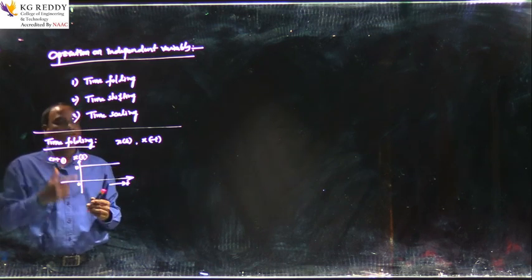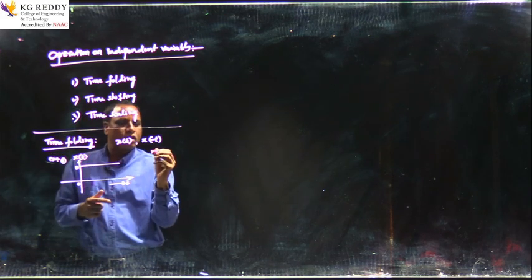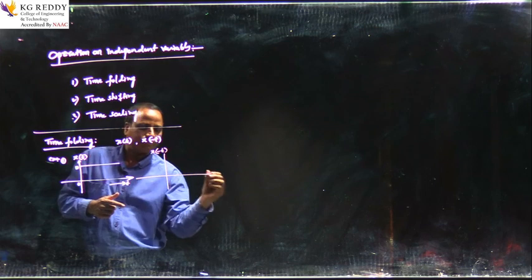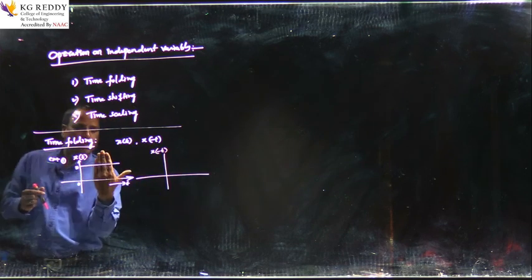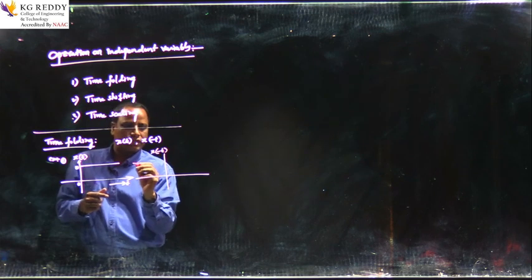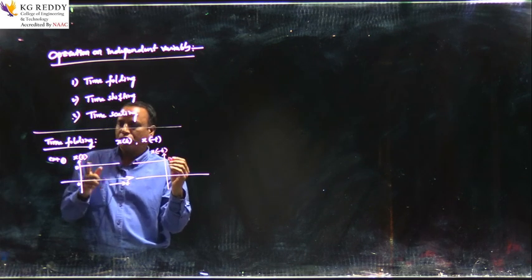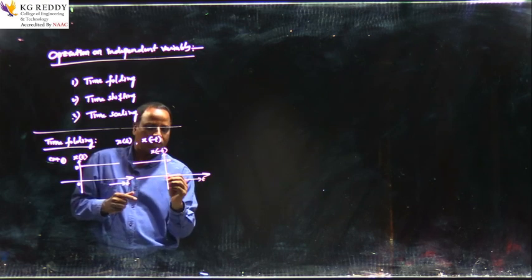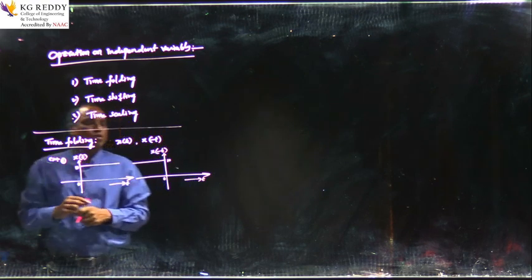So the time folded version, x of minus t, is a signal like this. Just fold the signal with respect to the vertical axis, and it looks like this, without changing the amplitude. This will be 10, this will be t, and this will be 0. Now these two are mirror images.